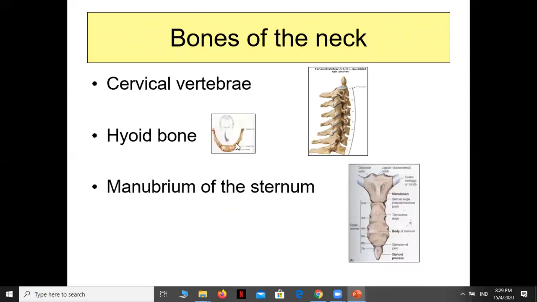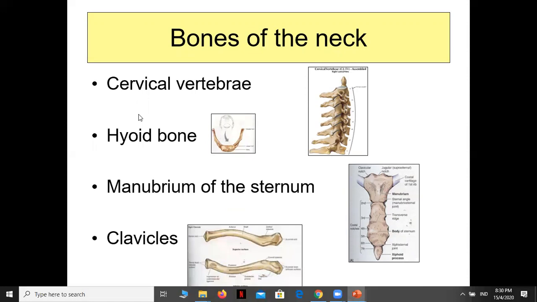Besides that, we also have the manubrium of the sternum. So these are the bones of the neck. If you see here, this is the hyoid bone, this is the cervical vertebra, and this is the manubrium of the sternum. And besides that, the clavicle also belongs to the bones of the neck. So we have 2 clavicles, on the right and also on the left.